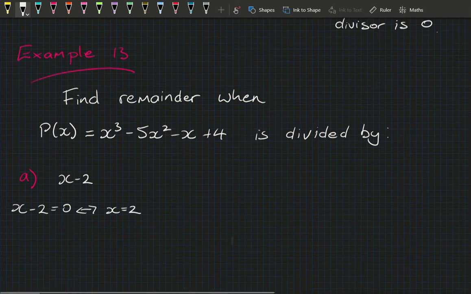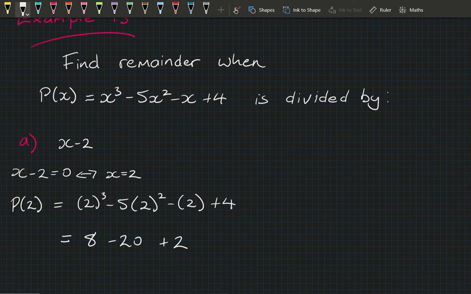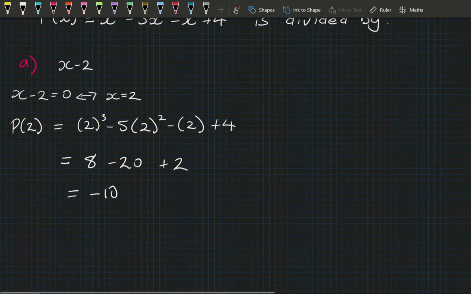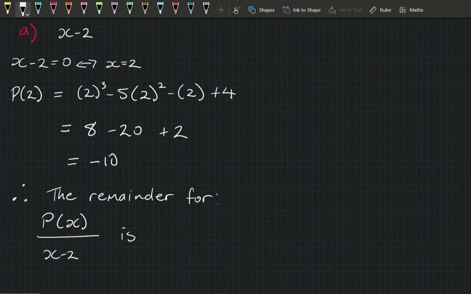So subbing 2 into this polynomial, we get 2 cubed minus 5 times 2 squared minus 2 plus 4. And 5 times 4 is 20, and 2 cubed is 8. So we've got 8 minus 20 plus 2, which is equal to minus 10.